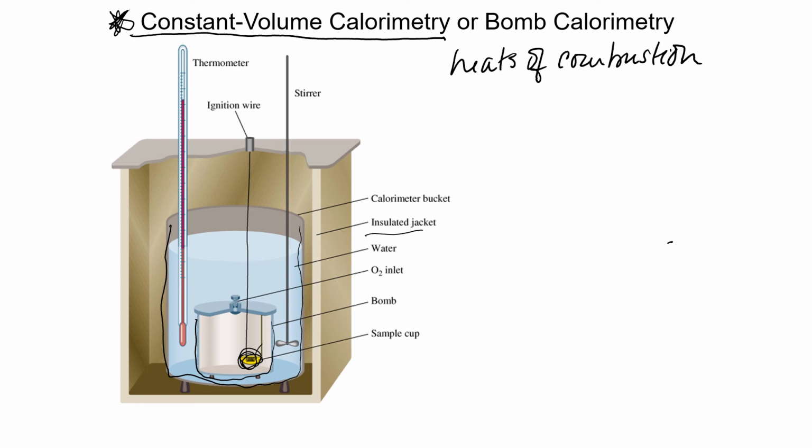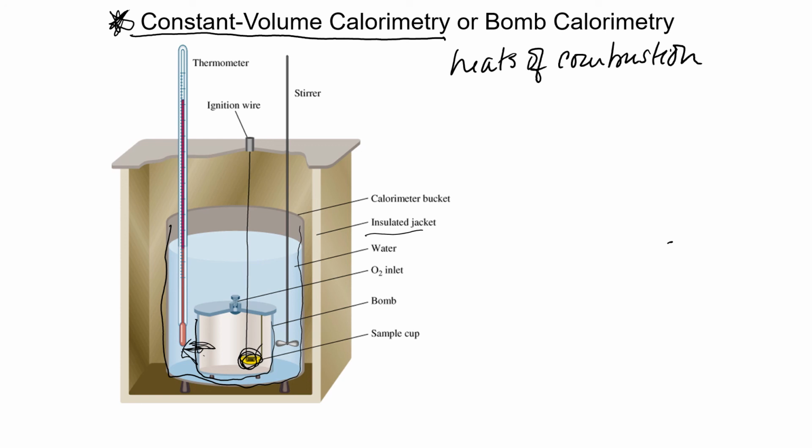And surrounding that bomb, the surroundings are the bomb, the water, and the vessel in which they are contained in the calorimeter. And that's what I meant when I said this is not isolating. Heat can be transferred from the reaction to the bomb to the water.